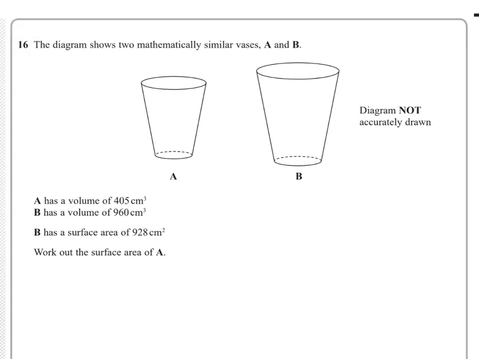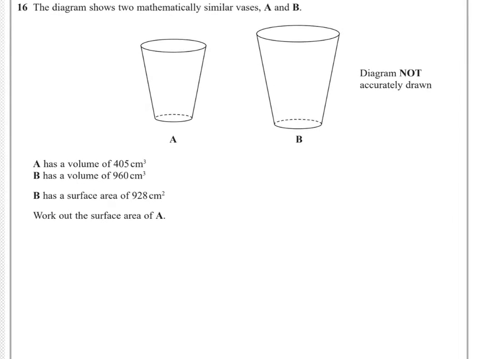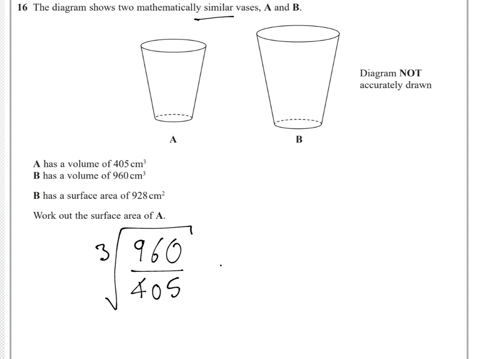Okay, question 16. The diagram shows two mathematically similar shapes, so we're getting onto some tricky questions here. We want to know the volume, how many times bigger? Well, it's that many times bigger. So we want to get the ratio of the lengths, so we need to cube root it.